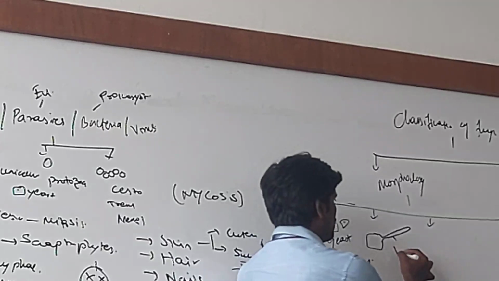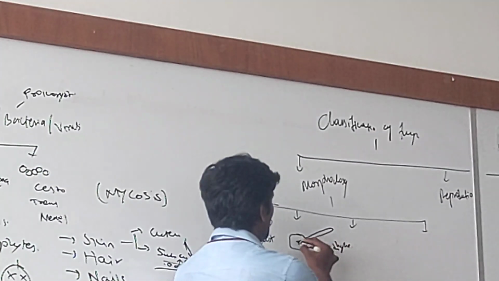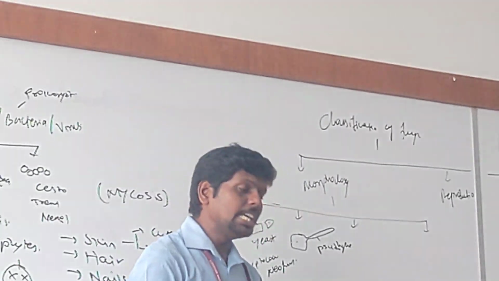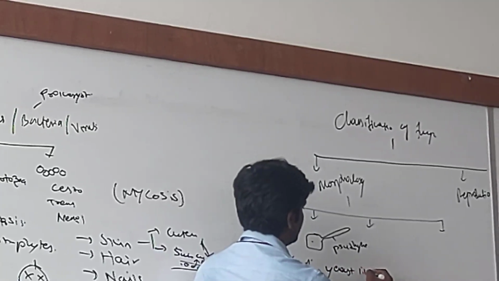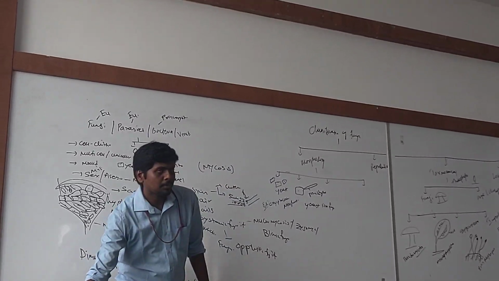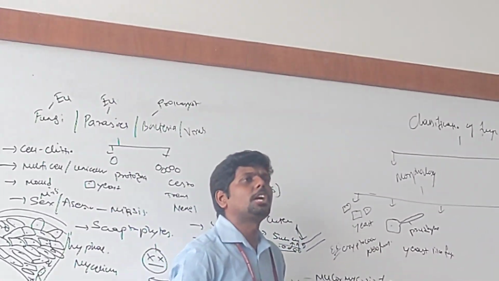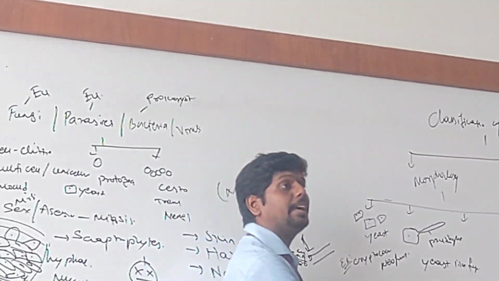That elongated structure is called pseudohyphae, that means false hyphae. Such fungus are called yeast-like fungus. They will develop this pseudohyphae. An example for this is Candida albicans.